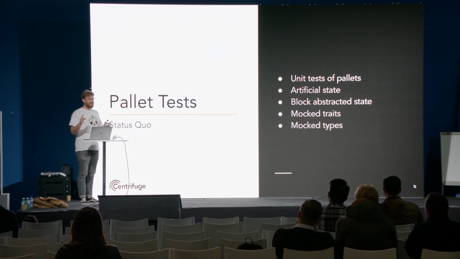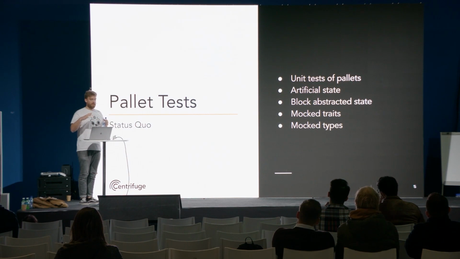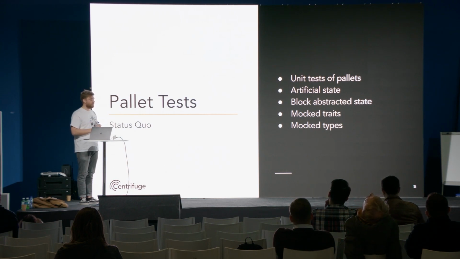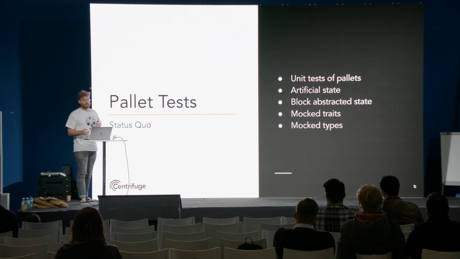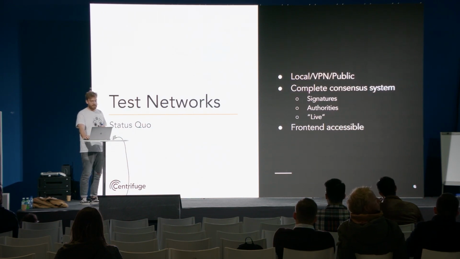And this state is quite static because there's no notion of moving to the next block. It's just the state at a specific point in time. And then usually you would have some mock traits depending on what kind of functionality your pallet depends on, and you might also have some mocked types, depending on what you actually need.